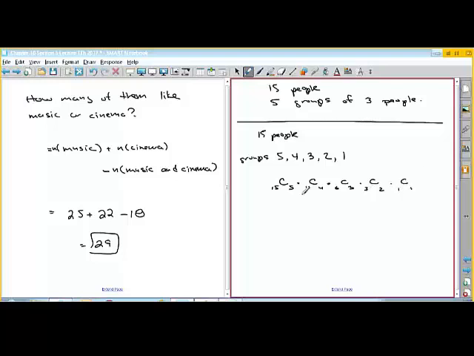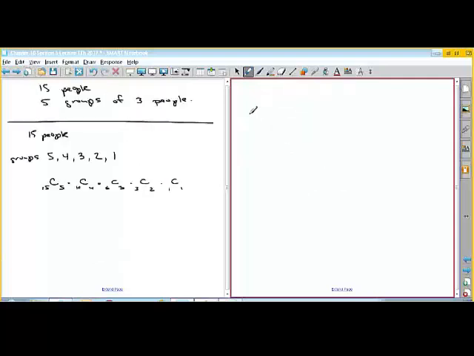Now what's different about this one is that you do the same thing. You would go through and you would pick 3 people out of the 15 as the first group. So you'd have 15 people to choose from for the first 3-person group. Just repeating the same kind of procedure. We have a group of 3 out of 15.